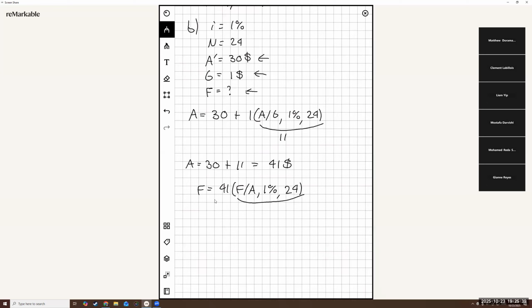This factor equals out to 26.97. It's the same value we calculated earlier. So therefore, our final F value will be $11.06. That is the amount accumulated. And that's the answer for this question.